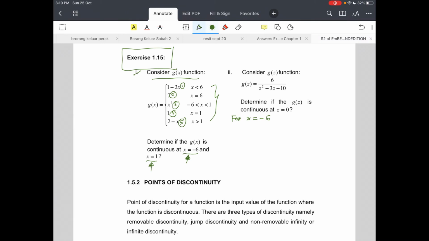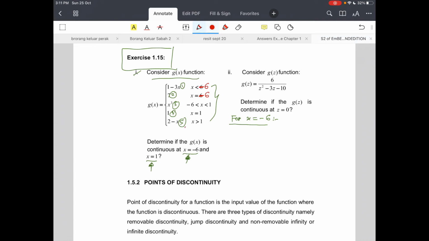Alright, so for x equals -6, again we've got some typos here, so maybe you need to do some correction. This is not 6, it is actually -6. This is also -6. Now like I told you previously, you need to identify which functions to use. We have altogether 5 functions here.